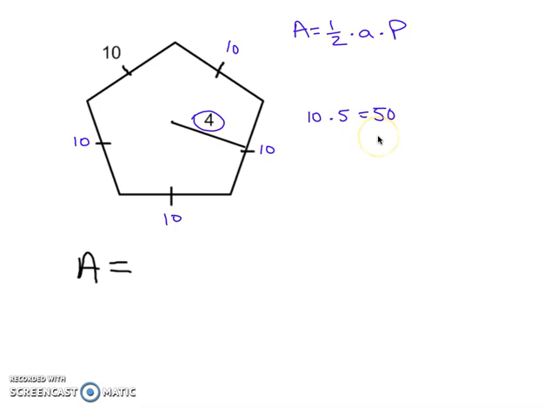So in my formula, I'm going to plug in 50 for my perimeter, or my capital P. So here we have 1/2 times my apothem, which was 4, times 50. So half of 4 is 2, times 50 equals 100. So the area of this regular polygon is 100 units squared.